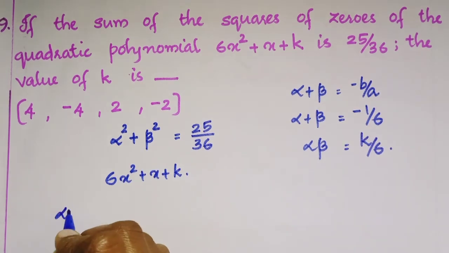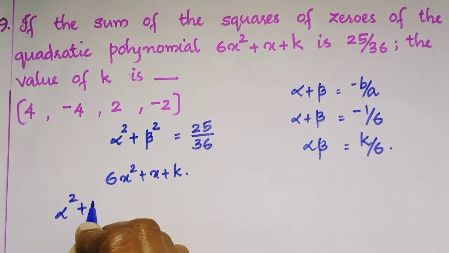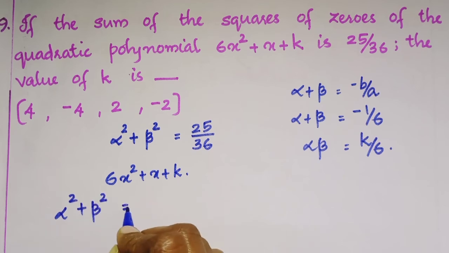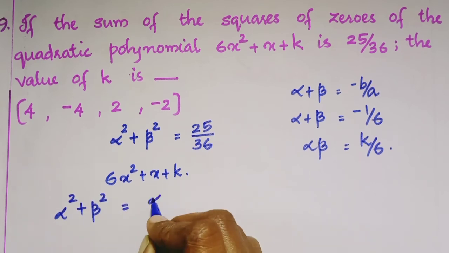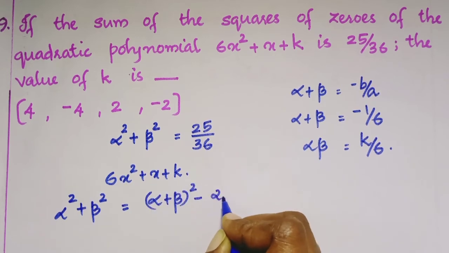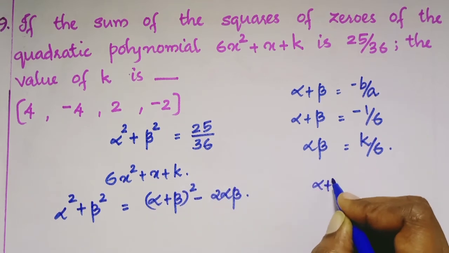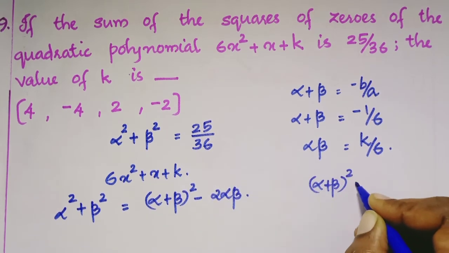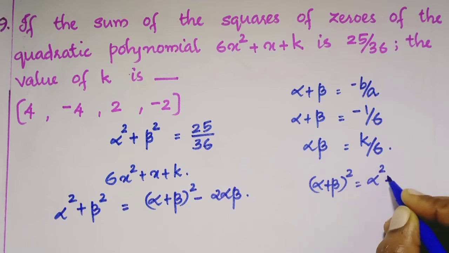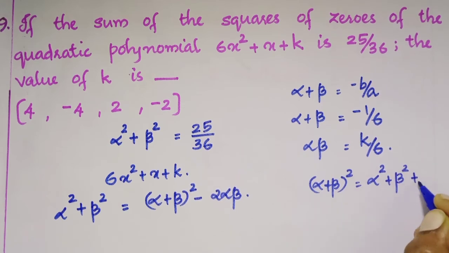So alpha square plus beta square is equal to, yes, alpha plus beta the whole square minus 2 alpha beta, because alpha plus beta the whole square is equal to alpha square plus beta square plus 2 alpha beta.